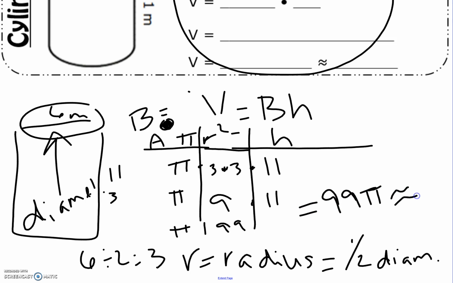Or about, if you use the calculator, 310.86. Make sure this is written on your foldable where it says cylinder. When you're ready to begin, you can press play and we'll continue.